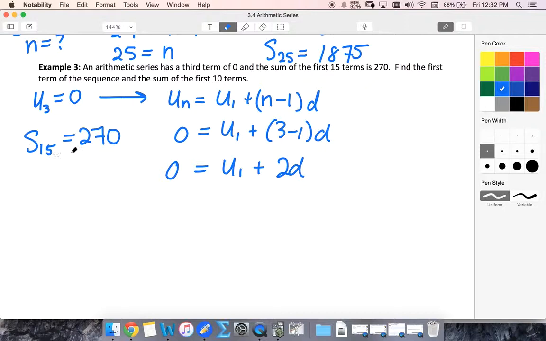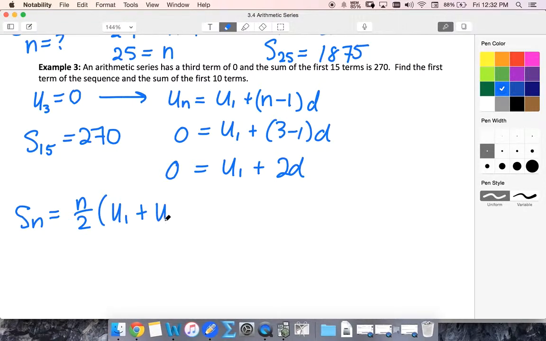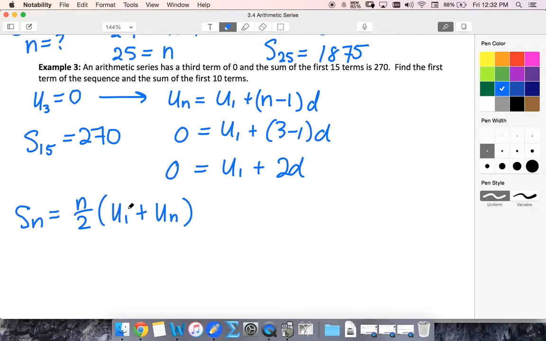The sum of the first 15 terms, well, S sub n is equal to n over 2 times U1 plus Un. Sum of 15 terms, well, I know that already.